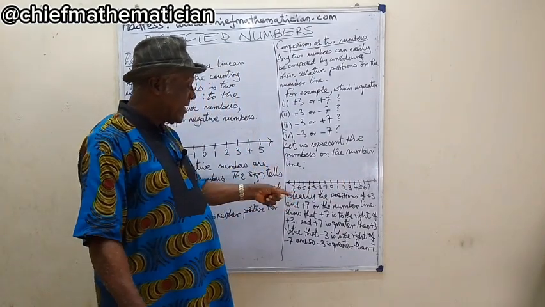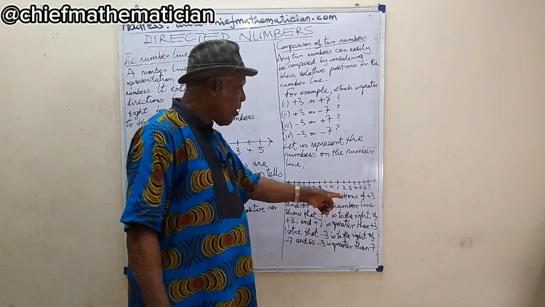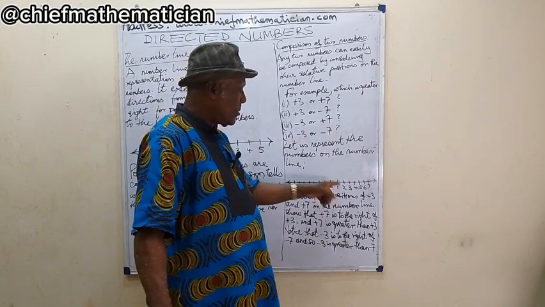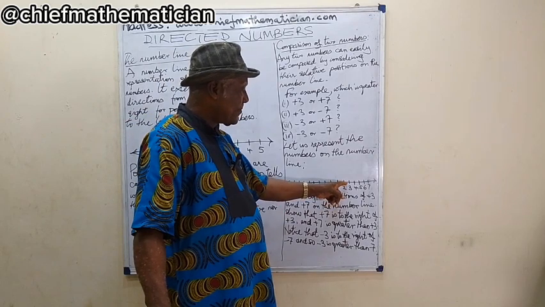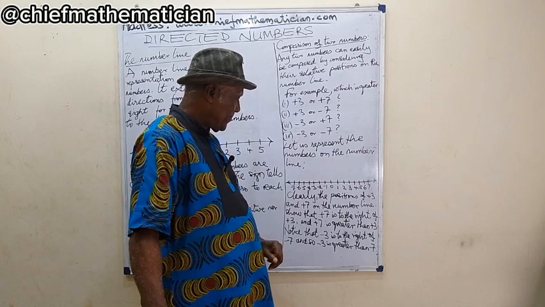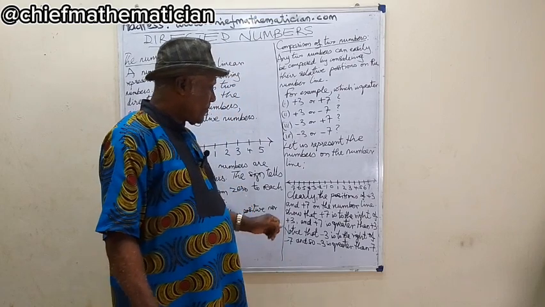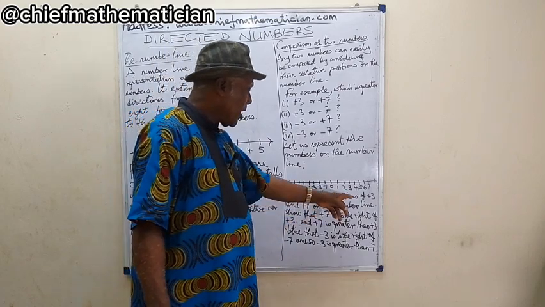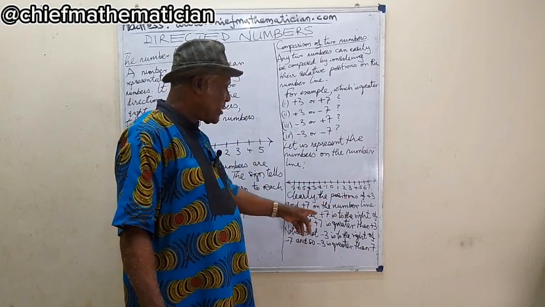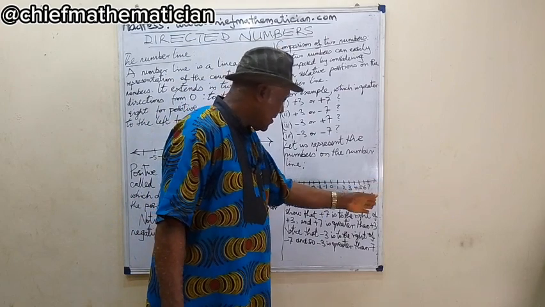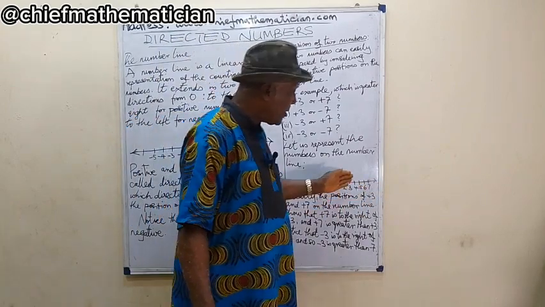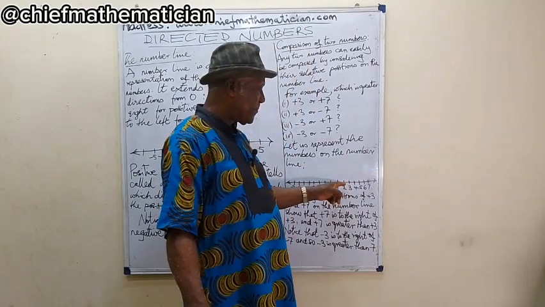Now, very clearly, the positions of plus 3 and plus 7. Look at plus 3 here. Look at plus 7 on the number line. The positions of plus 3 and plus 7 on the number line show that plus 7 is to the right of plus 3.